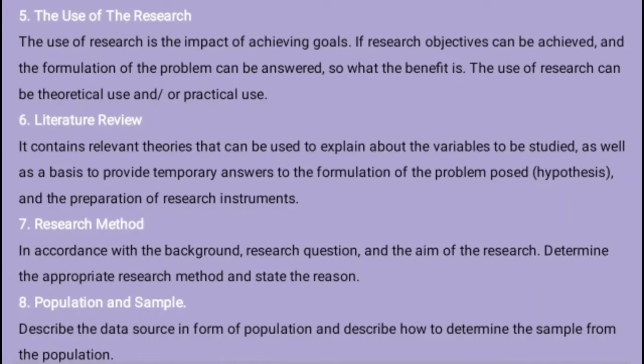And the next one, it's about the population and sample. The population and sample, it's about describing the data source in the form of population and describing how to determine the sample from the population.